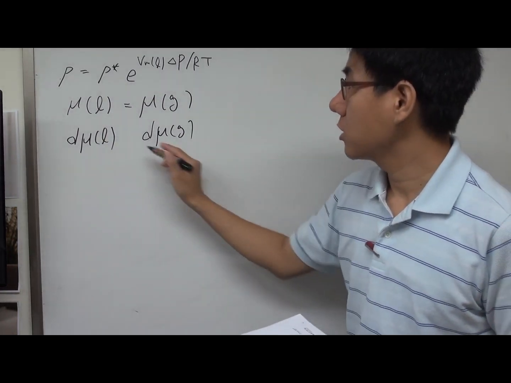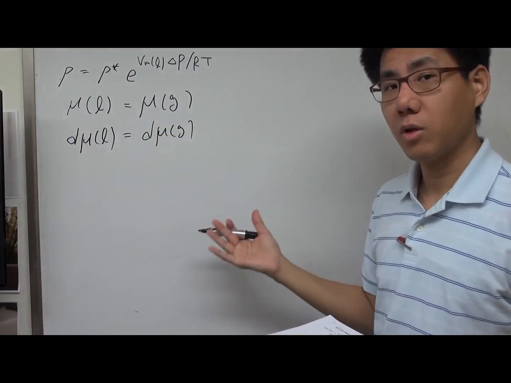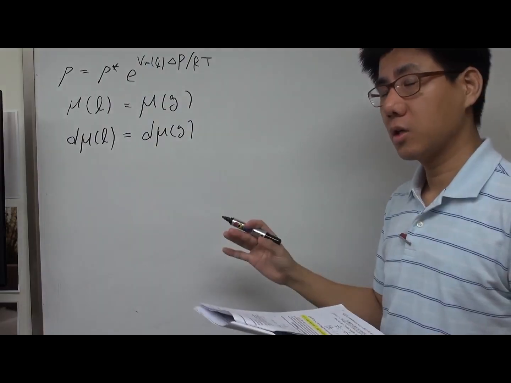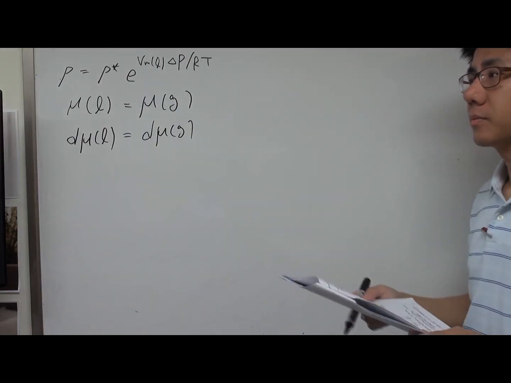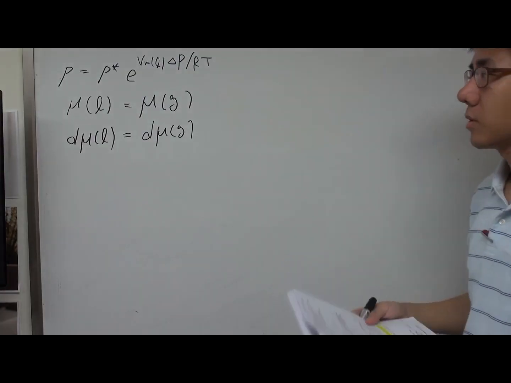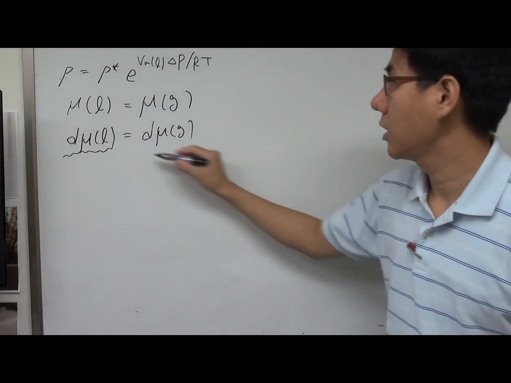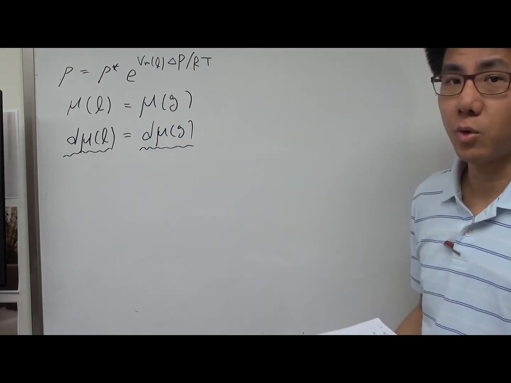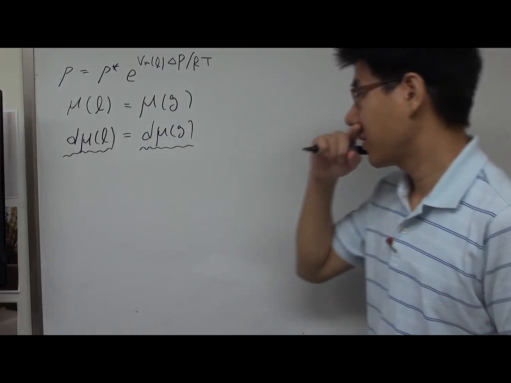And that change would be the same, right? Because after applying pressure, liquid and gas would be in equilibrium. Then how much does the chemical potential change for liquid? How much does the chemical potential change for gas? First, for liquid.